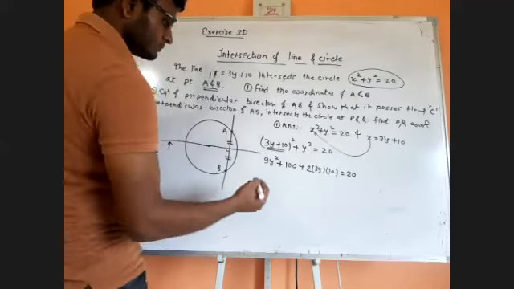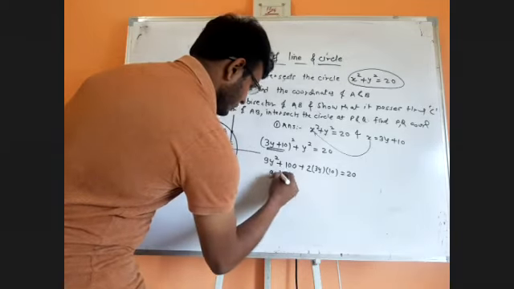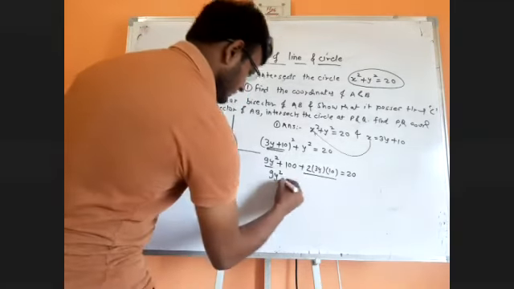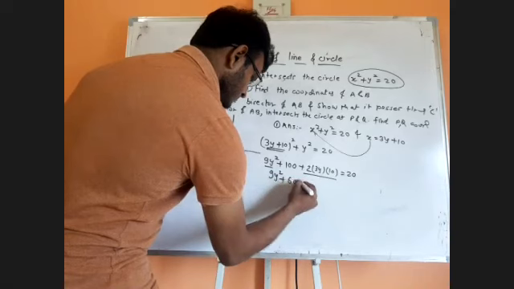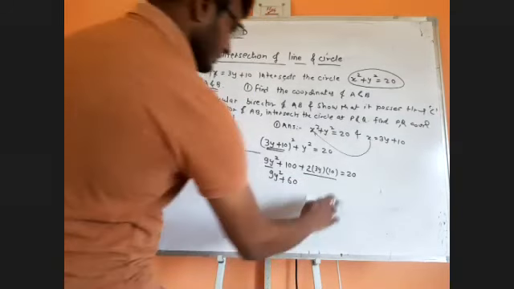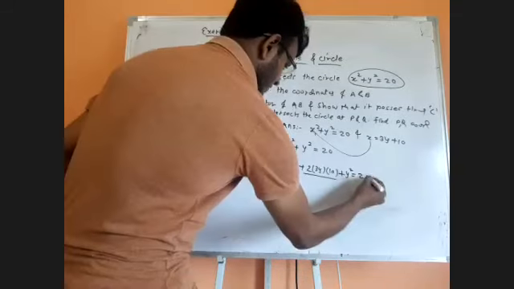Just have to solve it further. 9y square plus this will come out to be 60y. There is one more term, which is y square, equal to 20.